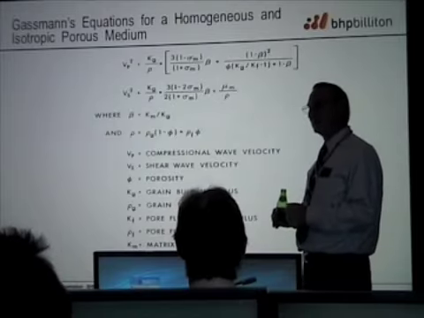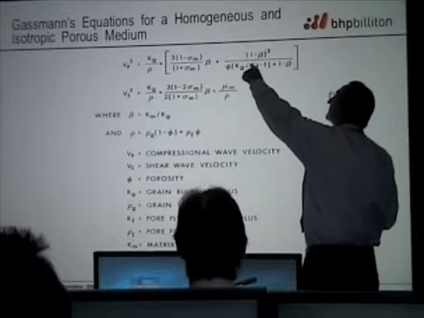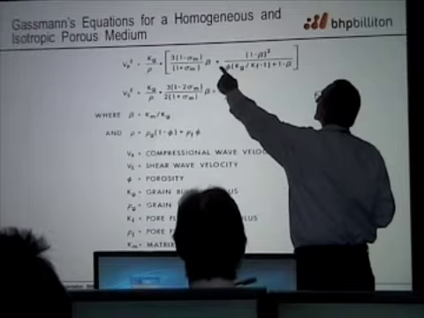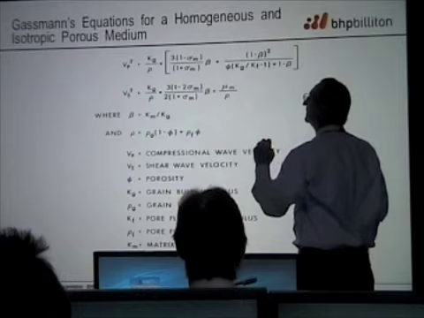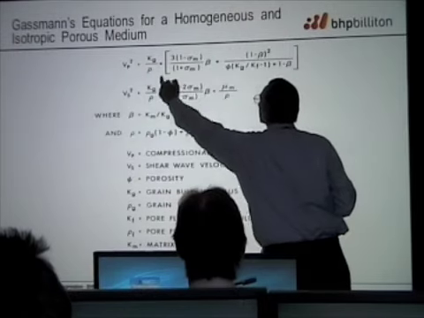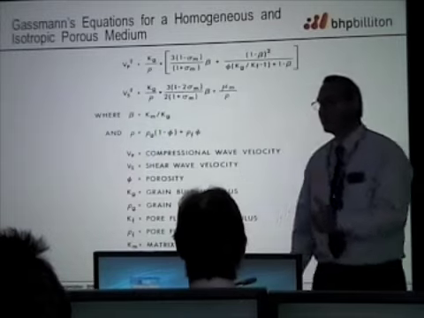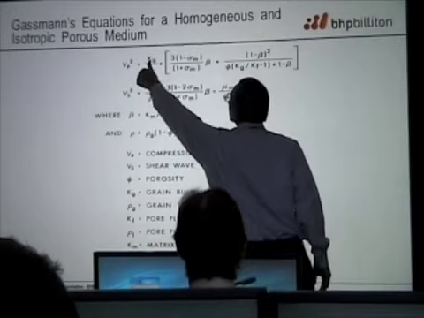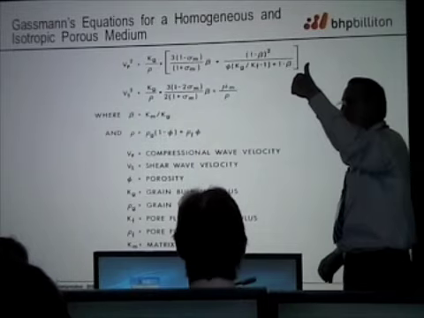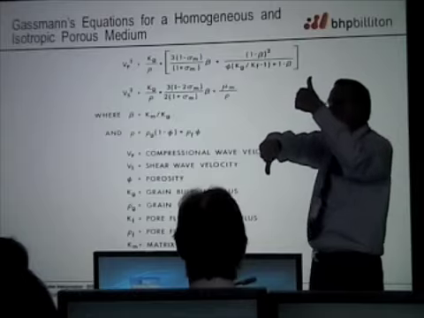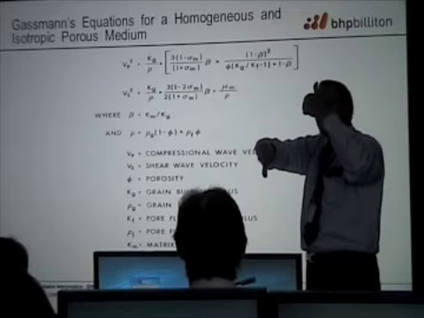Lower K means this term, this factor, is going to get bigger. That means the denominator is going to get bigger, so this term is going to get smaller. This term is going to stay the same, so the thing in the bracket is going to want to get smaller. So what have I got? I've got VP over here. This term wants to make it go up when I put the hydrocarbon in. This factor over here wants to make it go down, so they're competing.